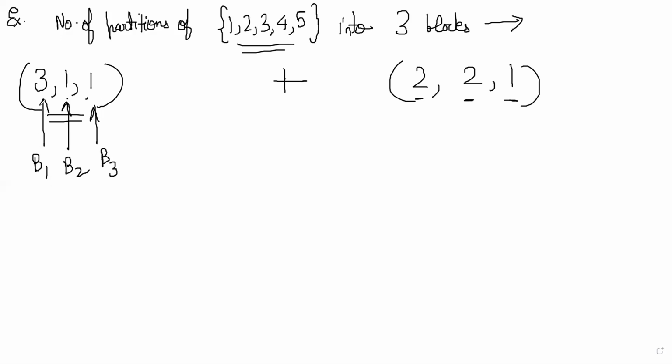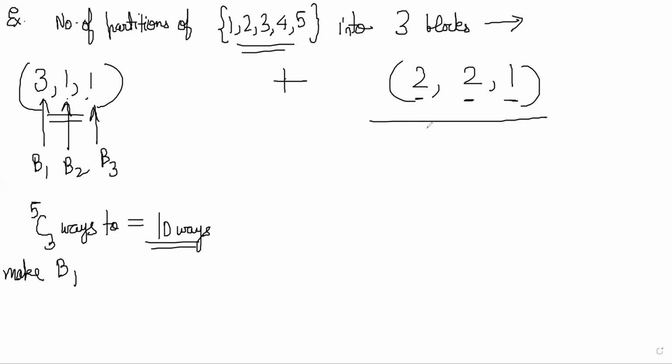So let's just form B1. There are 5 elements, and you will have 5C3 ways to make B1. And the 2 things that are left out after that will just be put into separate singleton sets, right? So this is basically 10 ways right here. 10 ways to make this, and let's find out how many ways to make this.